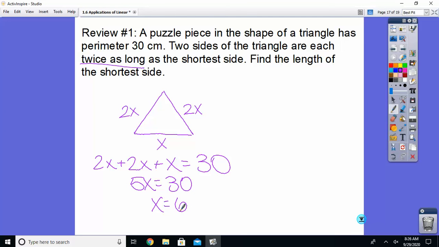So then, am I done? No, I want a sentence. Answer the question. I asked for the length of the shortest side. X was my shortest side. So my shortest side is 6 centimeters.